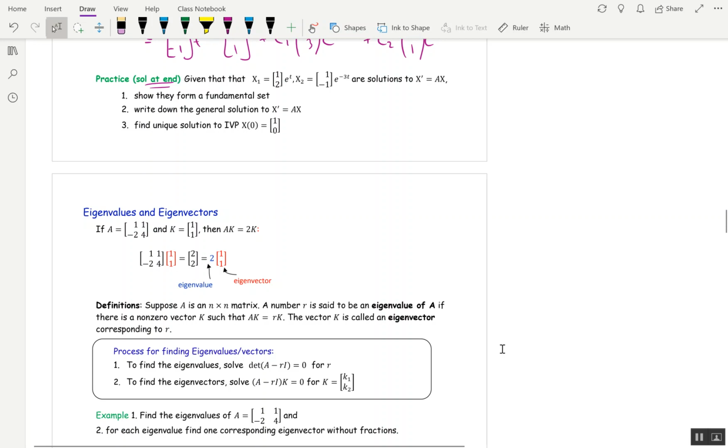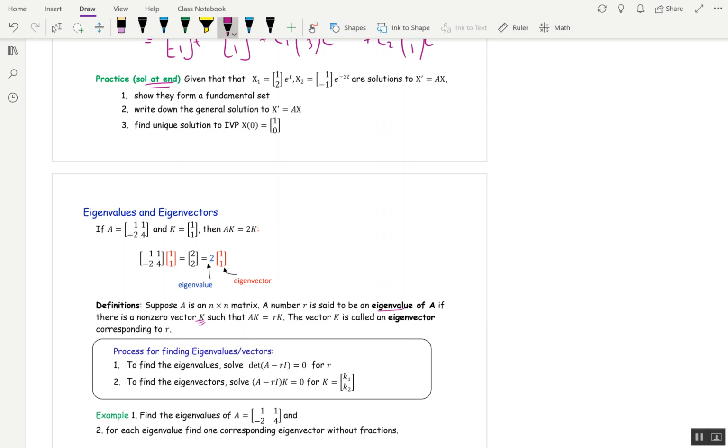So the actual definition is, if you have an n by n matrix A, r is an eigenvalue of A if there's a non-zero vector K such that AK is rK. We use lambda, I think, in Math 3A, but in this textbook they use r, so I'm going to stick with r.